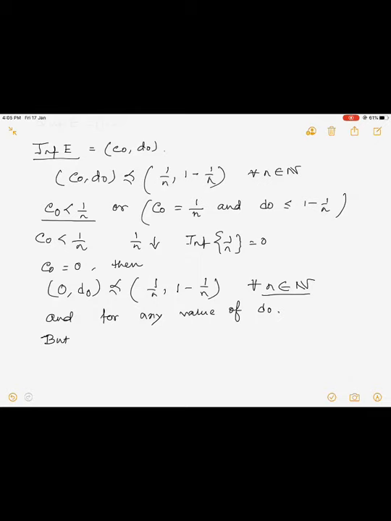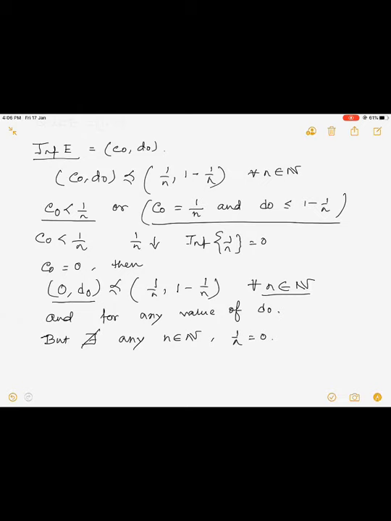And we have got C0 less than 1/n, and we have got C0 equal to 0. But there does not exist any natural number which gives us this. So this case is discarded for C0 equal to 0.